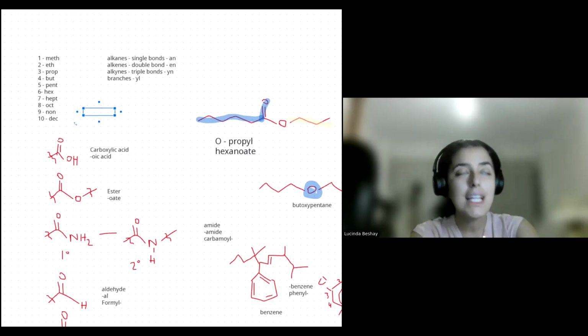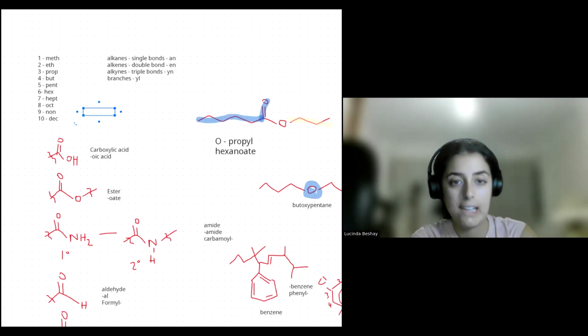Now, anything that's present in my name, unless it's at the first carbon, and I'm talking about carboxylic acid and aldehyde only, literally. So unless it's a carboxylic acid and aldehyde, I need to state its location. I have to state where it is in my chain. So anytime I write a branch, I expect to see a number before it. So I'm going to write number and then branches. So we don't forget that.